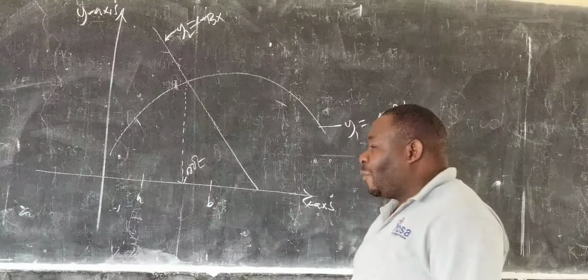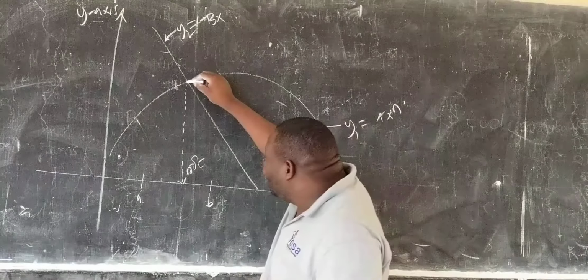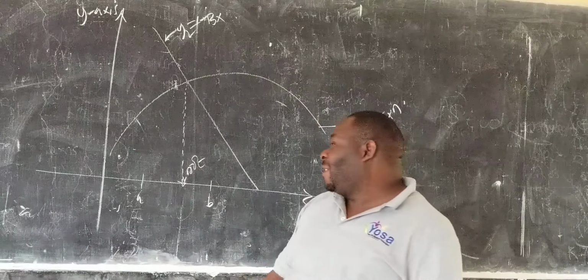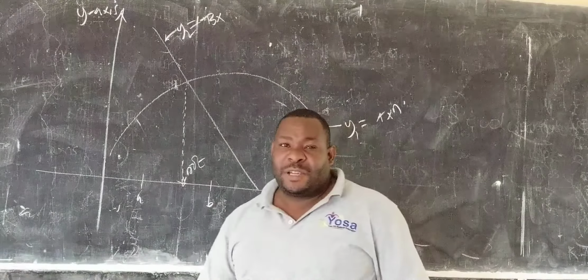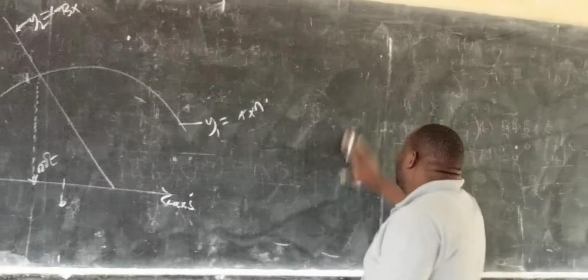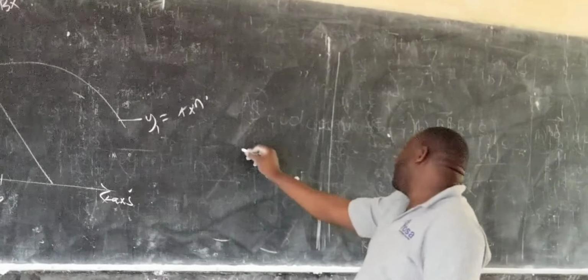And if you are required to locate the actual root, you use your ruler and find the point where these two graphs intersect. Then you locate the root. But they can still have more than one root.